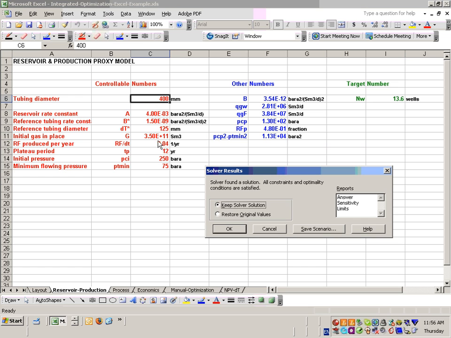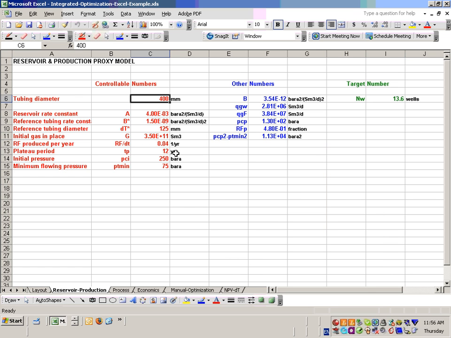But now Mike's got a little more interesting problem, and we say that we want 50 wells. What's the tubing size I need with 50 wells? Let's say 20 wells. Okay, so now we have to introduce a new constraint. You can just change it in the Solver, because you can have an equal one.